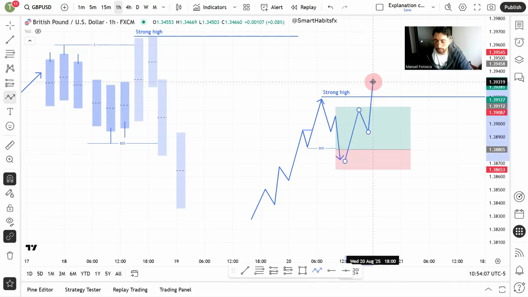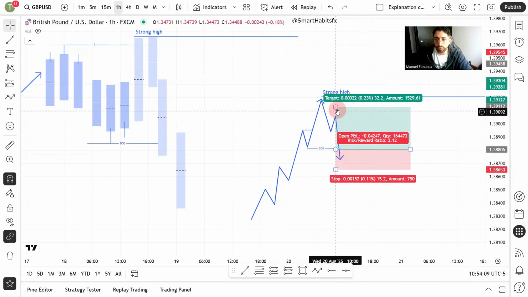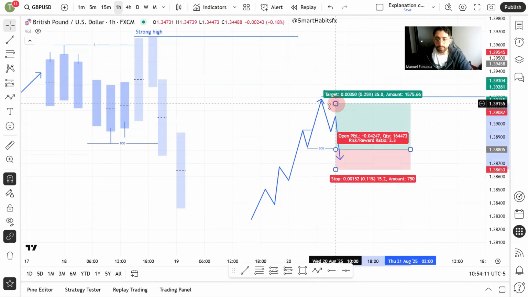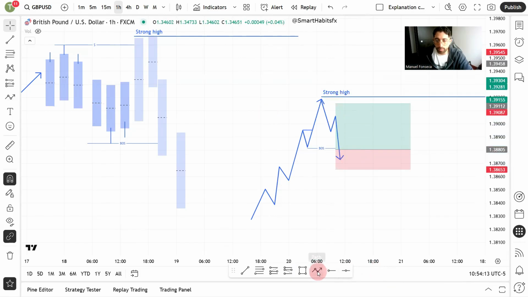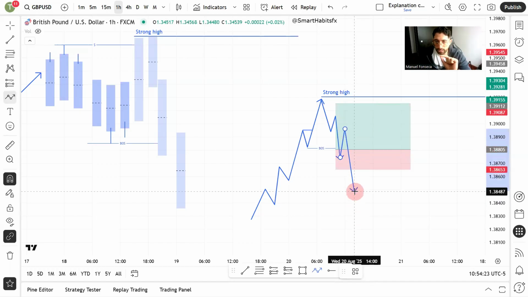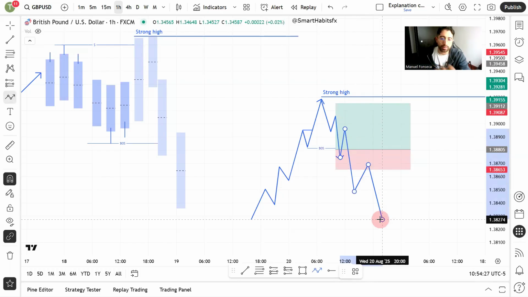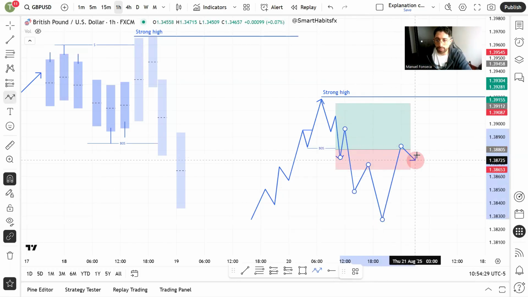And this is the question: how many of you have lived this type of order, where you just enter at the market, like in this zone, the price goes slightly up and then takes your stop loss, and then keeps pushing up, right?